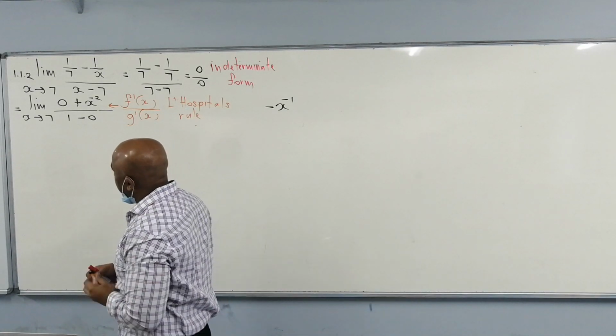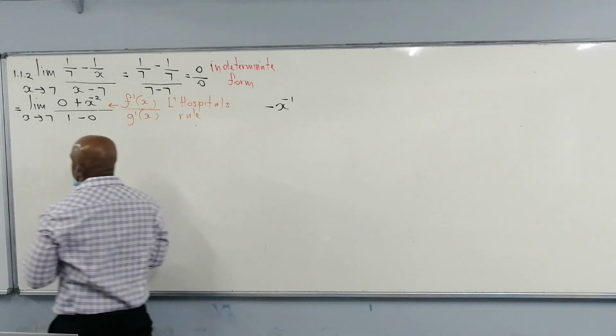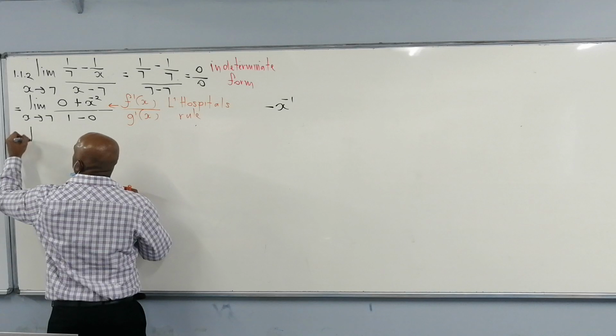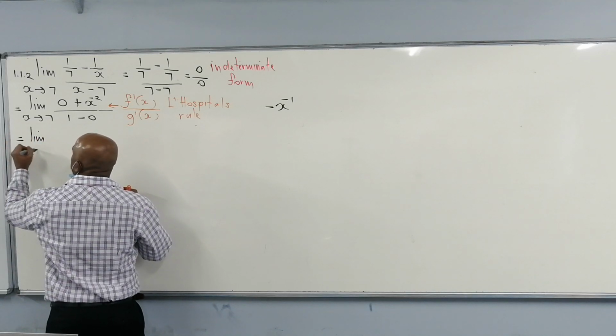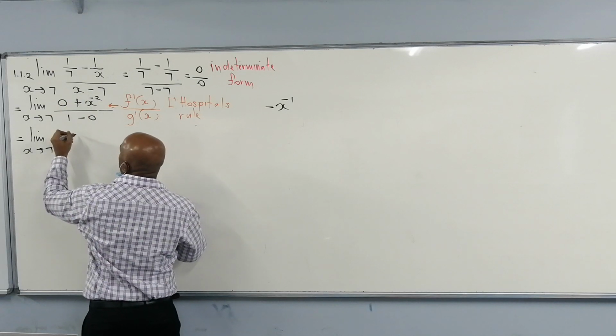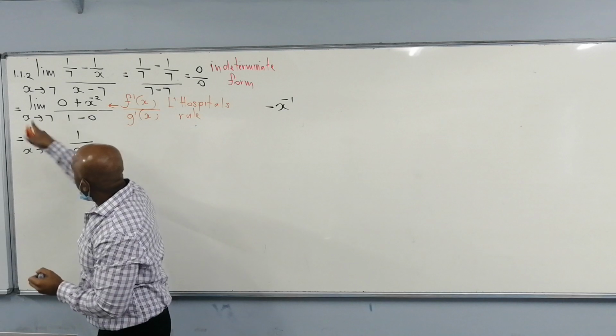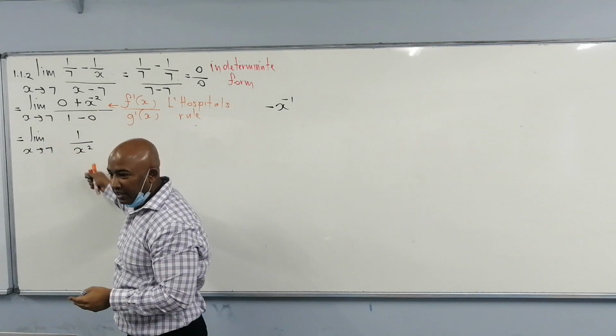So what do we do now? Simplify and then resubstitute. So this is equal to the limit as x approaches 7. x to the power minus 2 is 1 over x squared, all divided by 1 is still 1 over x squared.